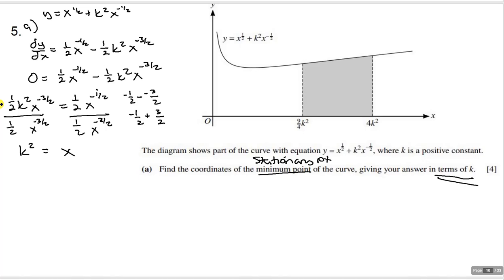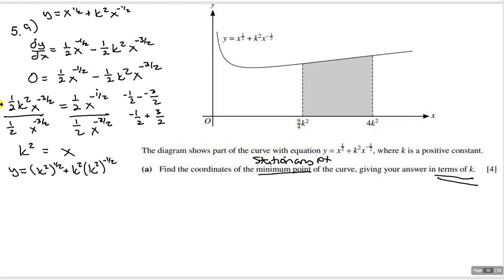So now I'm going to write y equals, but instead of x, I'm going to do k squared to the 1/2 power. And then I'm going to plus k squared, because that already is there. I'm just writing it down. But then I'm going to multiply it by k squared to the negative 1/2 power.